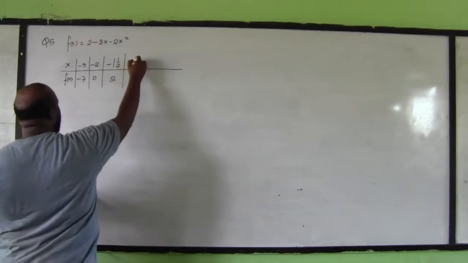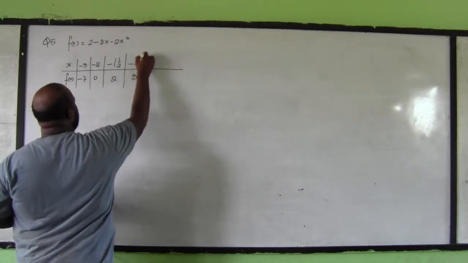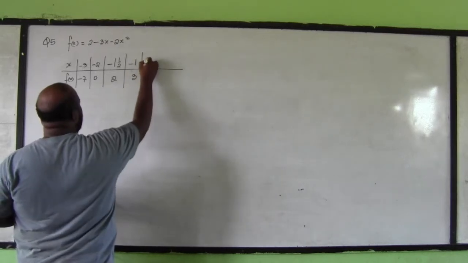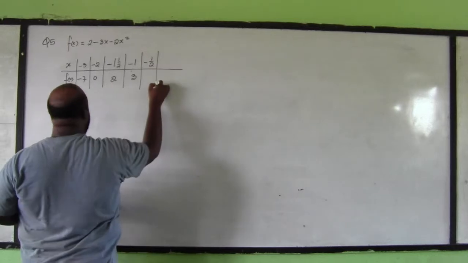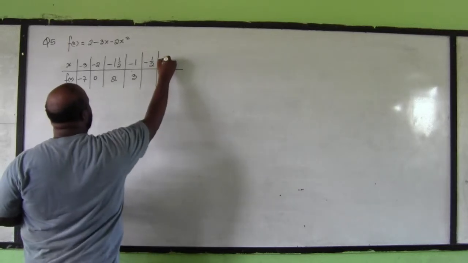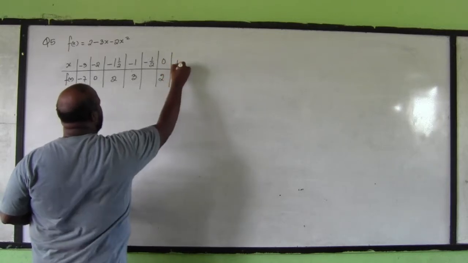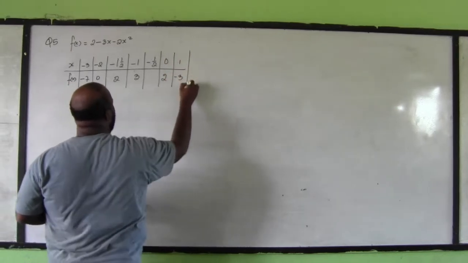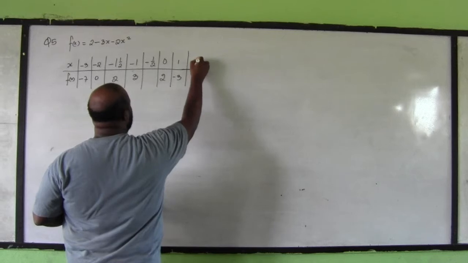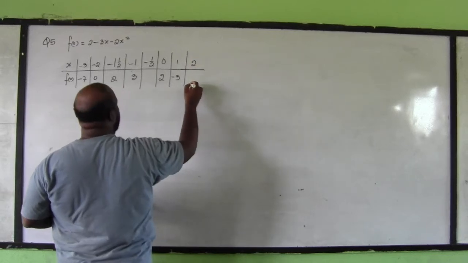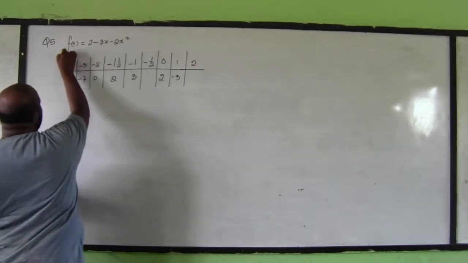Minus 1, 3. Minus a half, blank. 0, 2. 1, minus 3. And 2, blank. Alright, so this is our table of values.